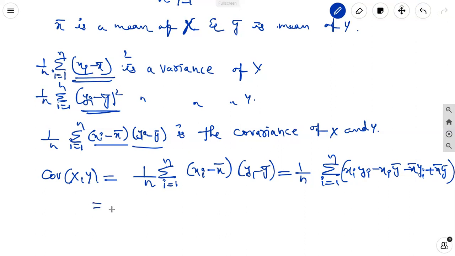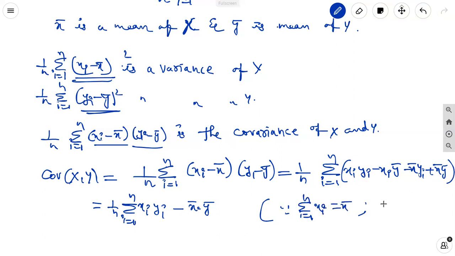We are getting 1 by n summation i equal to 1 to n xi yi minus x bar into y bar, since summation xi by n is x bar and summation yi by n is y bar. So here y bar will come, here x bar will come, these two get cancelled, and we are getting only one x bar into y bar.